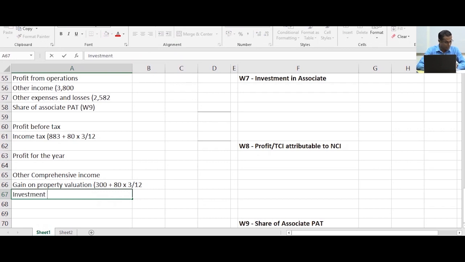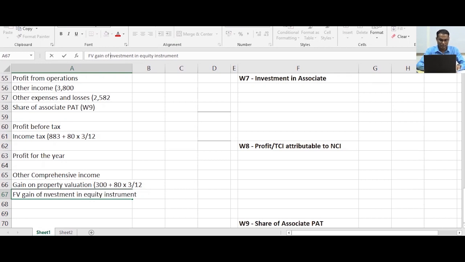Then thereafter, there's a figure, investment in equity instrument. This is actually the fair value gain.